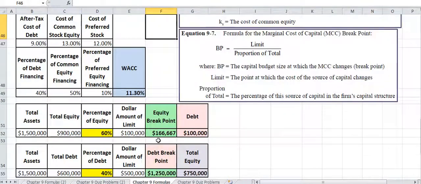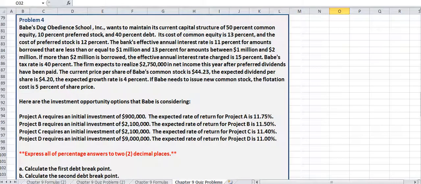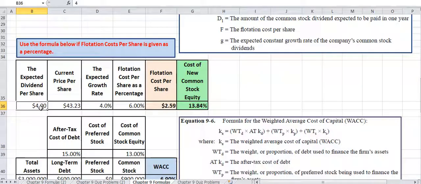So we use our formula for new common stock right here, and I need to put in some numbers. I think it was 43-something, maybe 44.23, but I'll check on that. The dividend per share right here is 4.20, right?